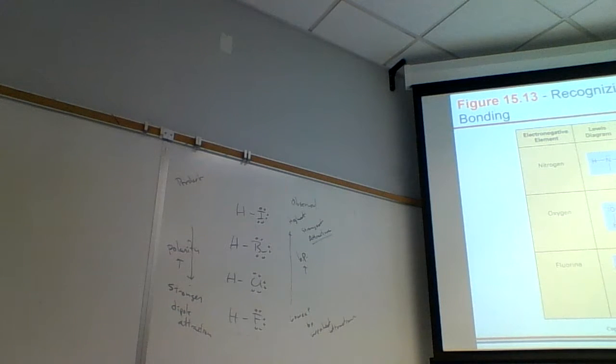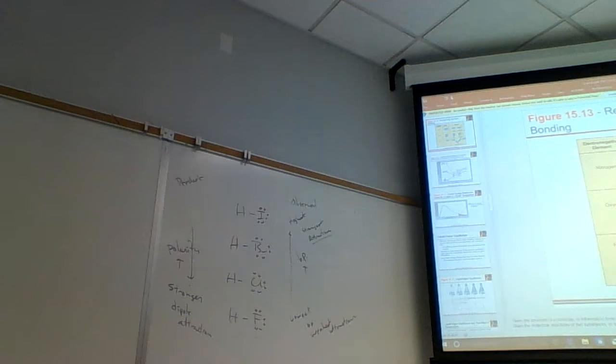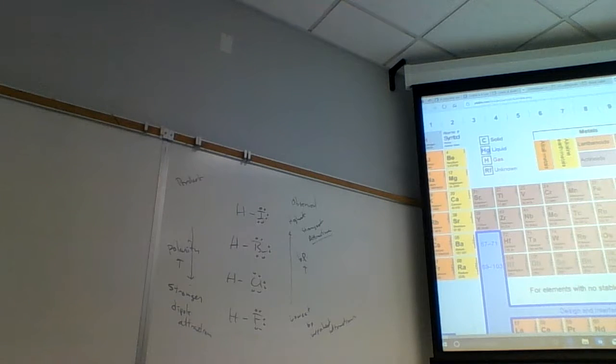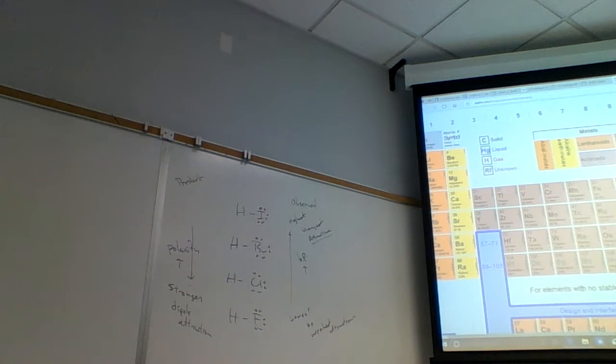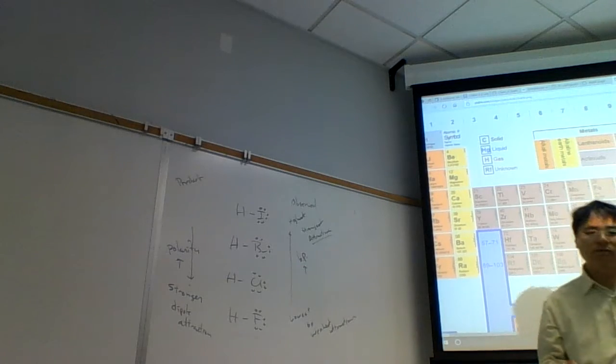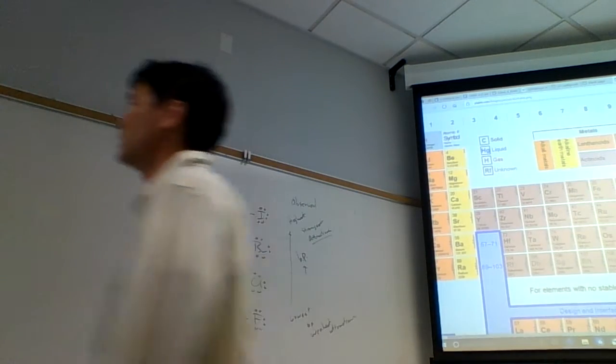Okay, then we look: how many electrons does fluorine have versus iodine? Going back to the periodic table, you can see that fluorine has 9 electrons, but iodine has 53 electrons.